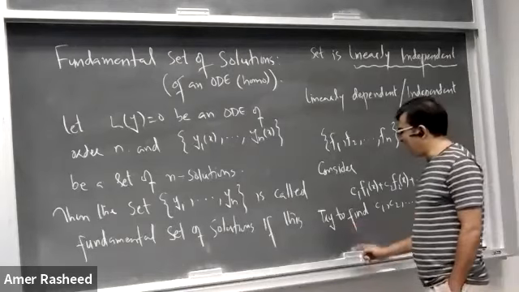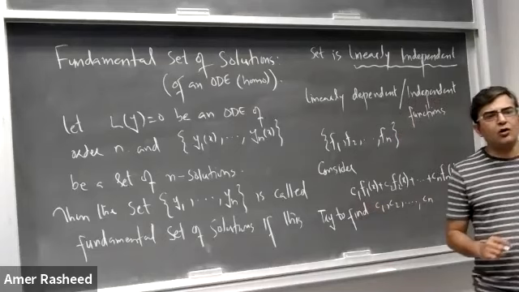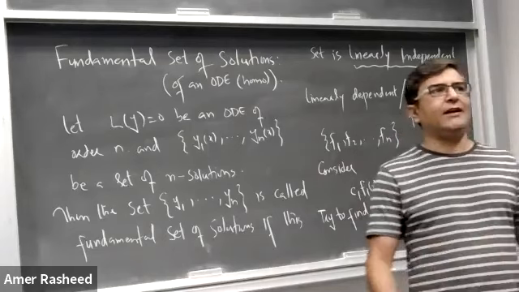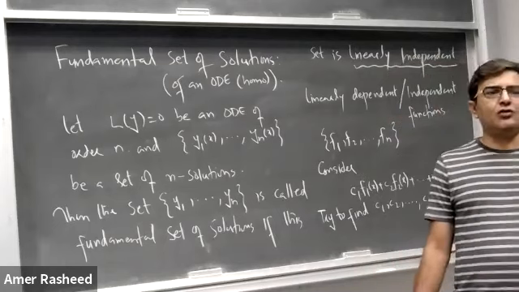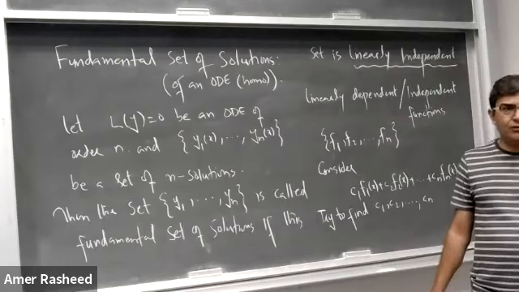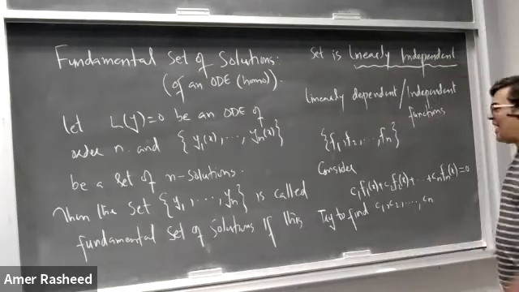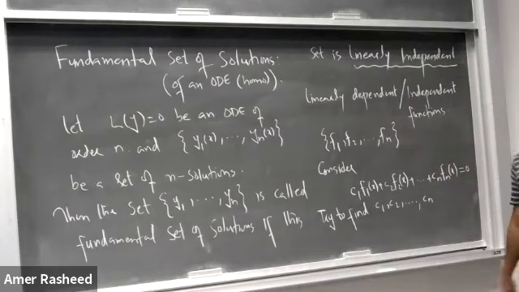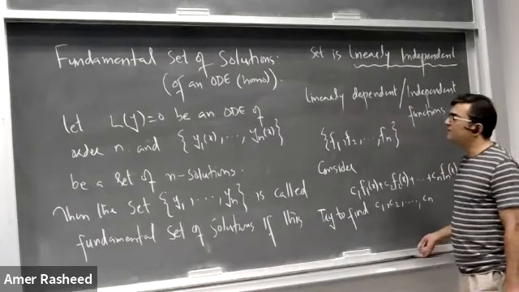If at least one of these unknown constants is not equal to 0, then we say that the set is linearly dependent.